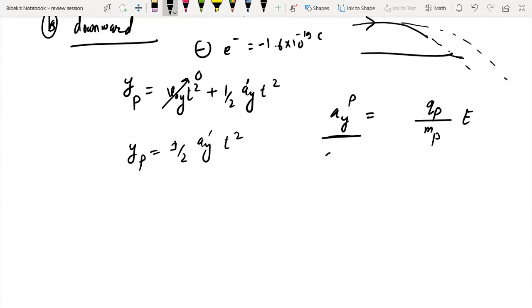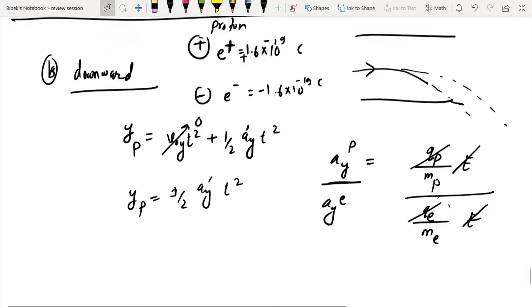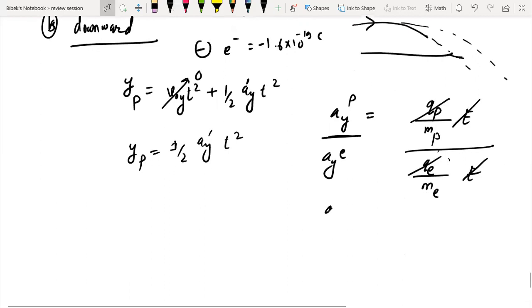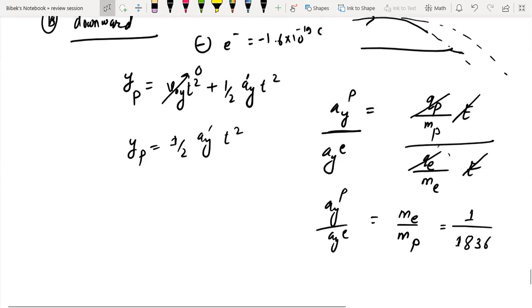If I divide this by the AY of the electron, that's Q of electron, mass of electron, and electric field. E and E are equal, and the magnitudes of the charges are equal, so you don't need to take the negative sign. So the acceleration ratio is just the mass of electron divided by the mass of proton. The proton is 1836 times heavier than the electron.